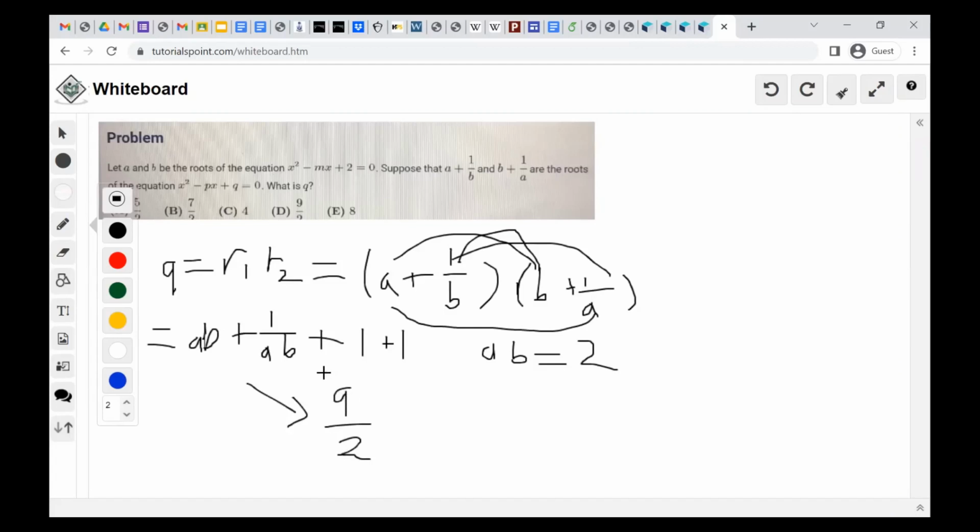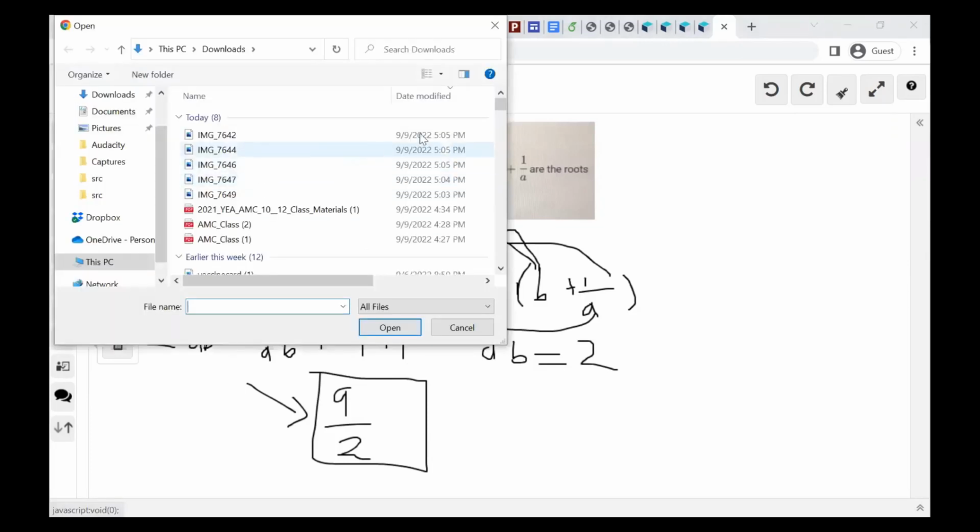So that was a pretty basic example of an AMC problem involving Vieta's, and I'm going to go through a couple more differently flavored problems.